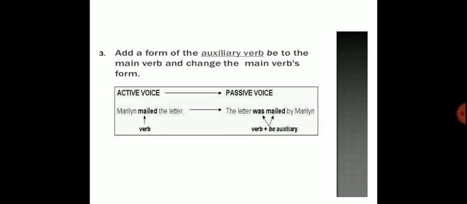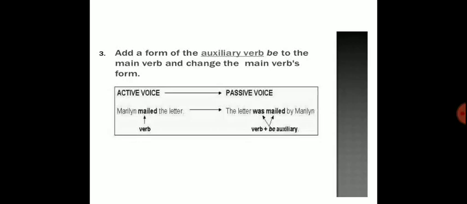For example, my mother sang a song. A song was sung by my mother. Change of tense of the auxiliary verb: when you change the verb form of the main verb, the tense of the auxiliary also changes accordingly. For this I had given you a chart in the 11th standard.